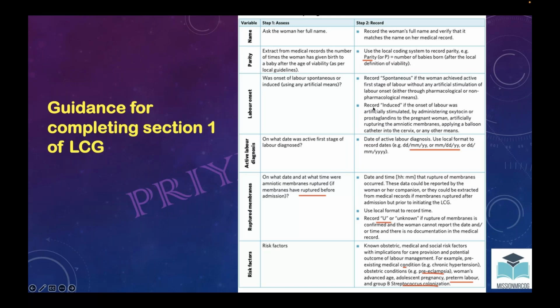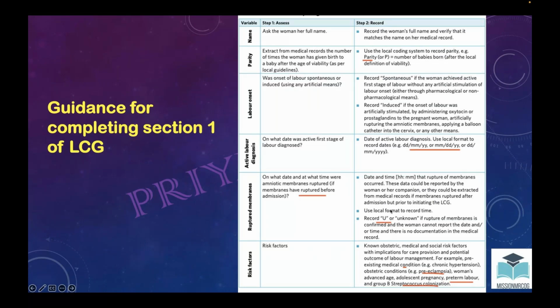Then active labor diagnosis, date. The date will be in whatever the format. Okay, then about the membrane, ruptured or not, so date and time. And if the status is not known, when they were ruptured, or the patient doesn't remember the time and date of it, or cannot report the date and time, in that situation, unknown has to be written for the membrane.